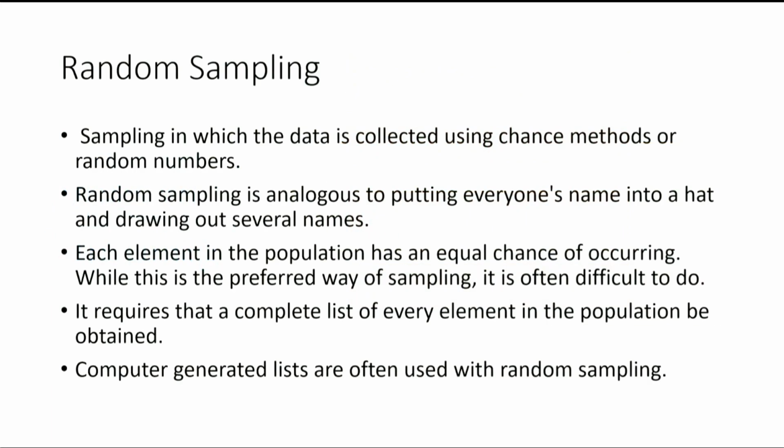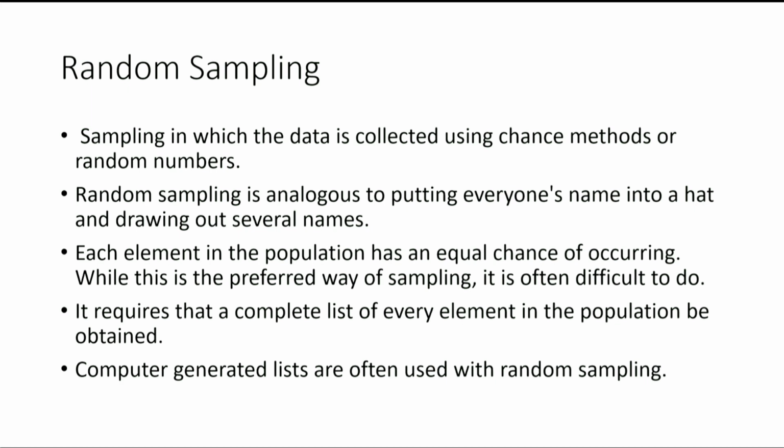So the random sampling is one in which data is collected using chance method or random numbers. Random sampling is analogous to putting everyone's name into a hat and drawing out several names. Each element in the population has an equal chance of occurring.